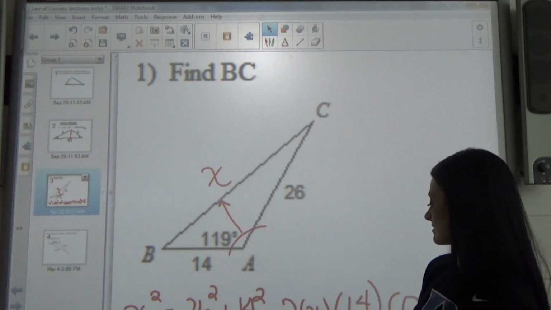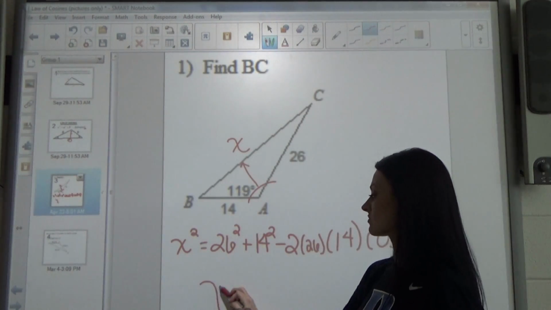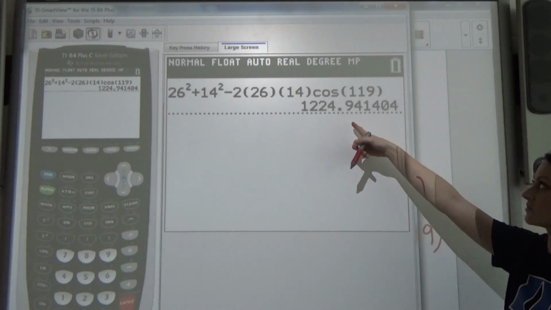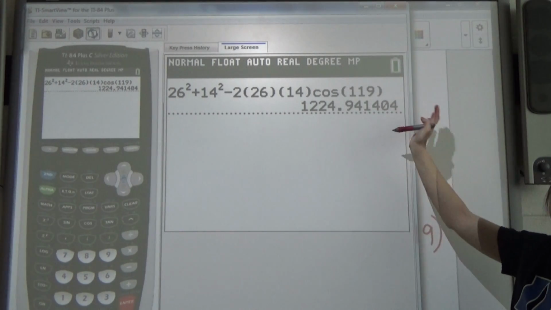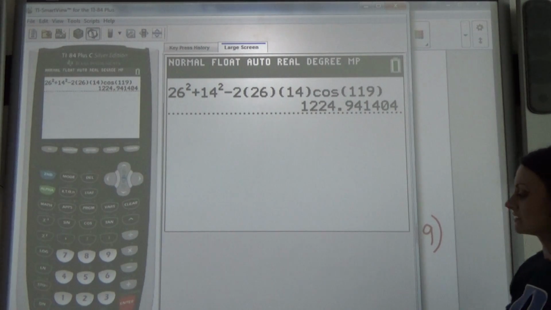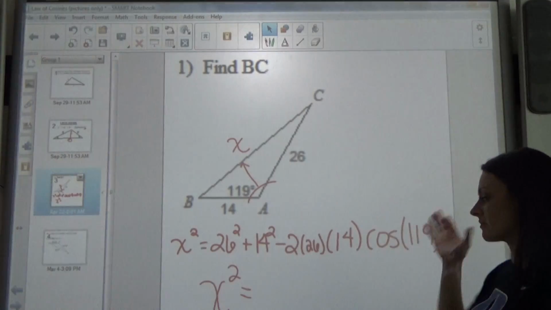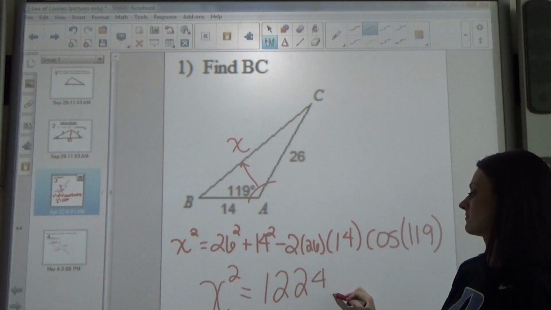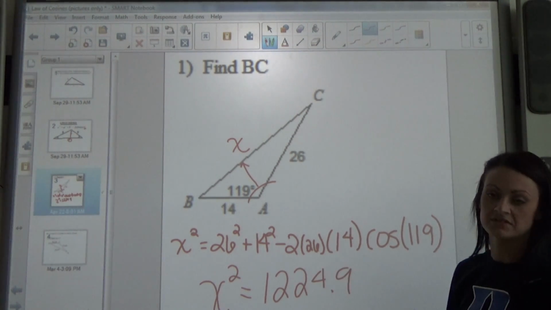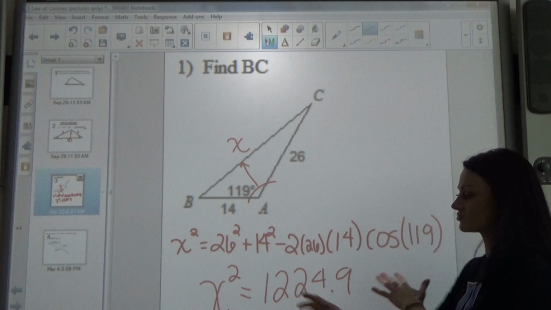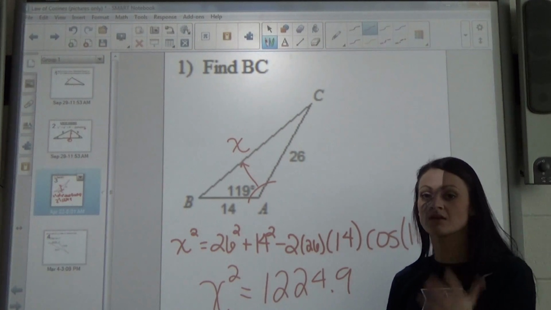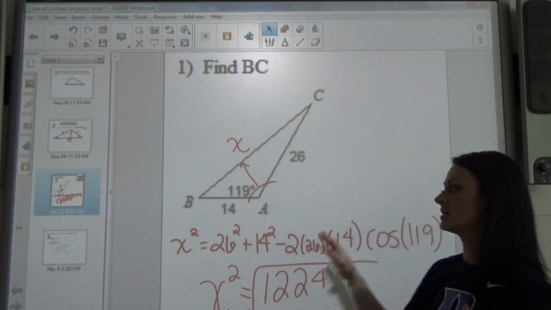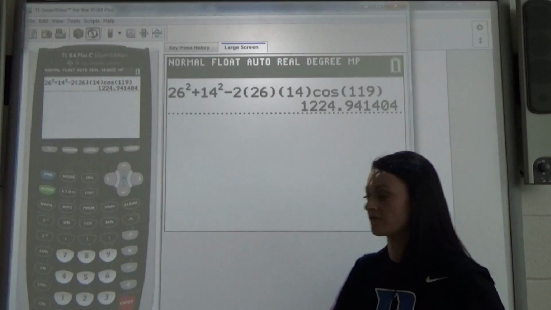And I'm going to extend this a little bit. So x squared is equal to 1,224 and the decimal places. So ultimately, my mission, whatever else the decimal is, is how am I going to get just plain old x? And ultimately what I'm going to have to do is take the square root of this number that I've been given.